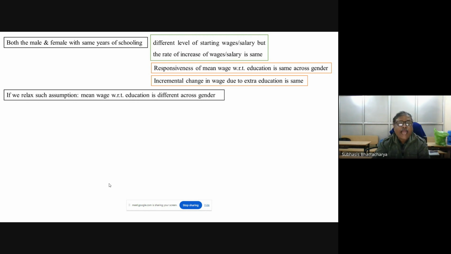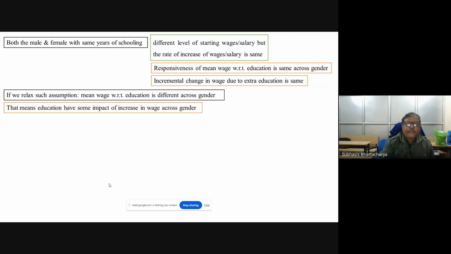So if we relax such assumptions, that is, the mean wage with respect to education is different across gender, what will happen? If we relax these assumptions, that is, the returns from education are different across the gender, that means education has a different impact on the increase in wage across gender, and that is the third case.